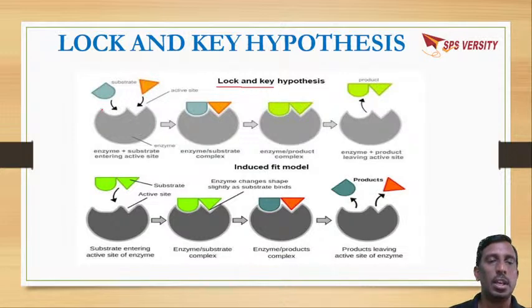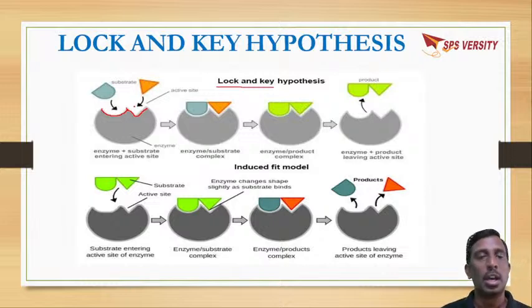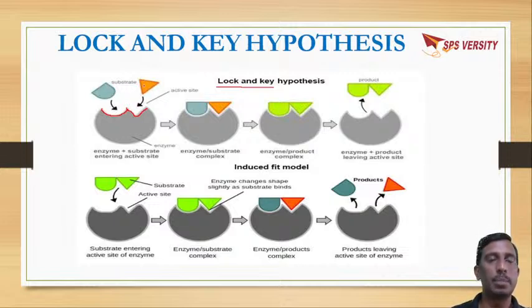So here we see pocket-like structures, which we call active sites. The shape of active sites is similar to the shape of substrates, which will fit into them. Other substrates which don't fit into this don't have a similar shape. For example, the substrate is like a key. Enzyme is like a lock.